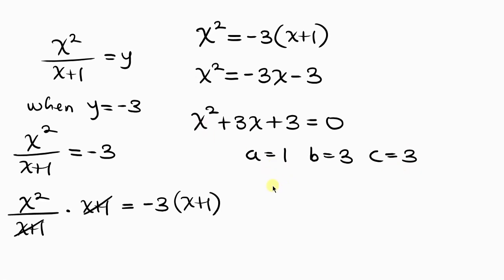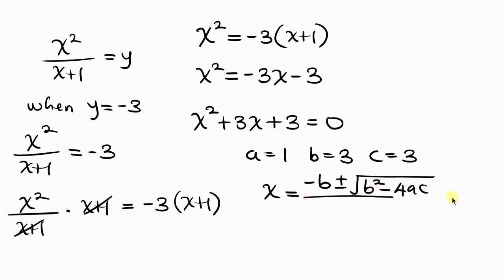And the quadratic formula we're going to be making use of, since we're looking for x, is x equal to negative b plus or minus the square root of b squared minus 4ac all over 2a. Now let's substitute into this quadratic formula. So x now becomes negative b.